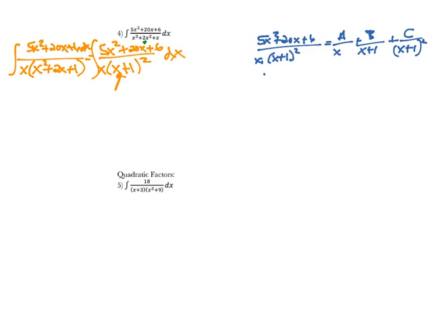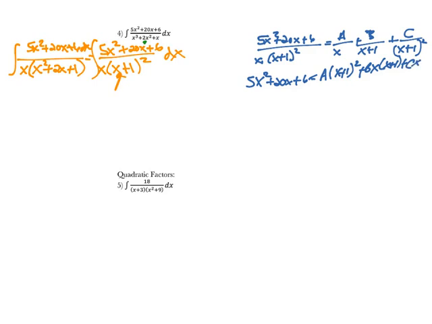When I multiply through by the least common denominator, I just have 5x squared plus 20x plus 6 here. On the right, I will have a times x plus 1 squared plus b times x plus 1 plus c times x.